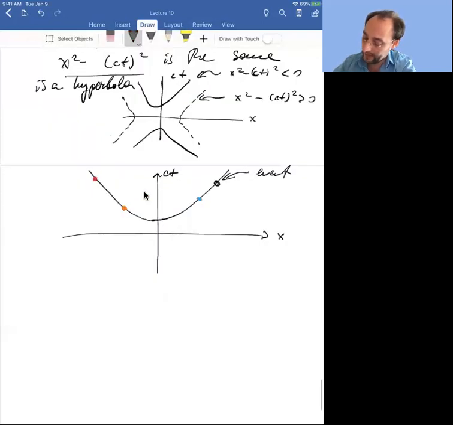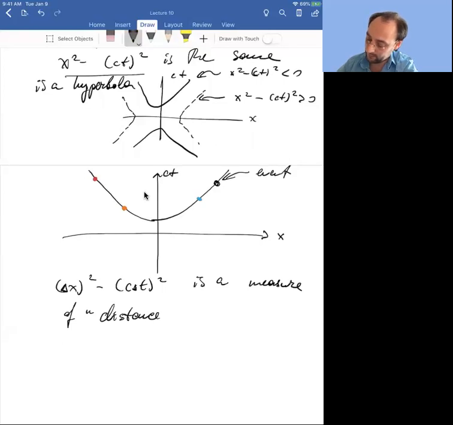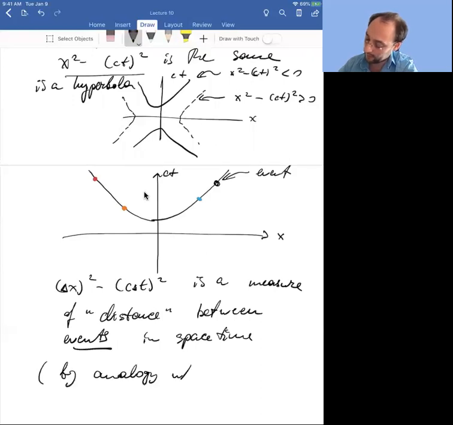So delta x squared minus c delta t squared is a measure of distance in quotation marks. It's not a physical distance. And this is really just by analogy with delta x squared plus delta y squared being the distance in physical space.